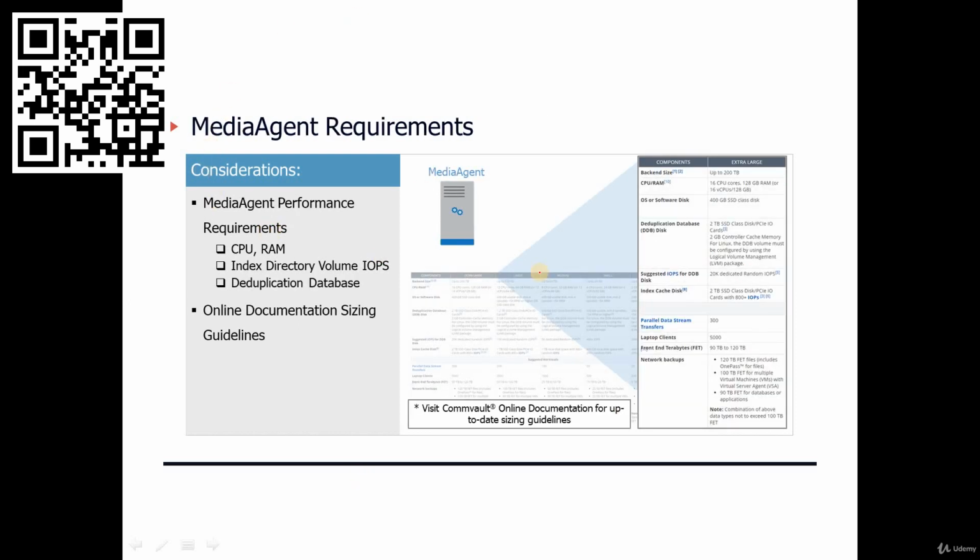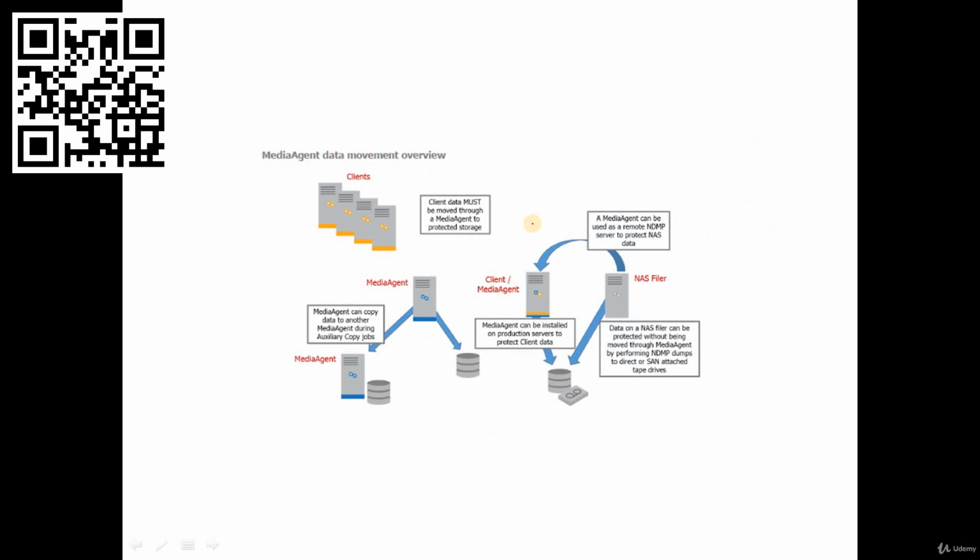For the media agent, Commvault also has recommendations on their website, and based on what type of activity you are planning to do, whether you want to enable deduplication on that media agent or not, you can look at the different components and the recommendations for what type of setup you have. You can consider the requirements.